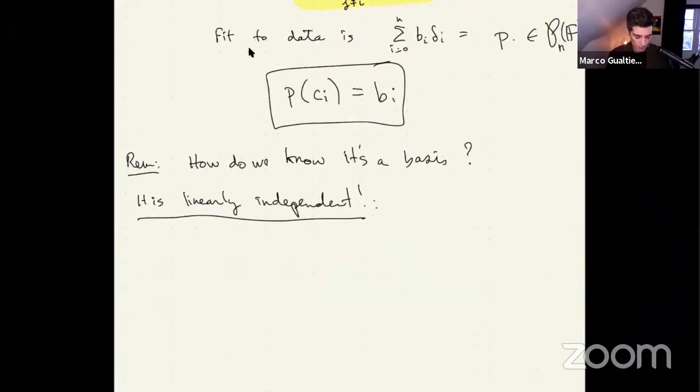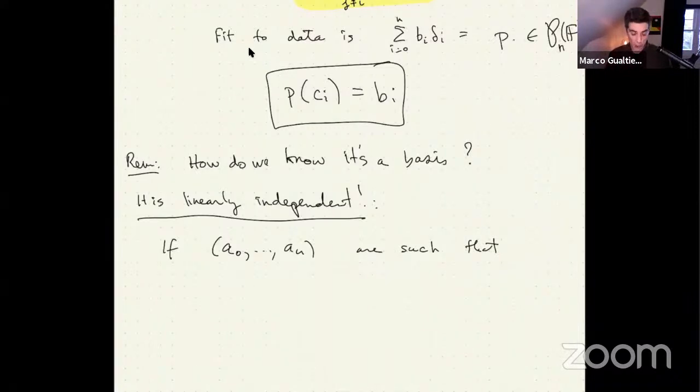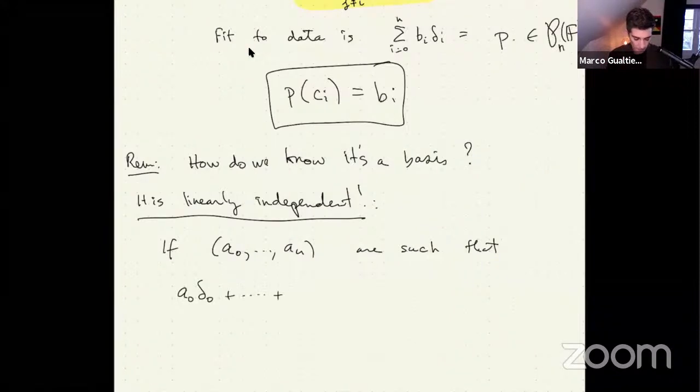So suppose we have a bunch of coefficients, a0 up to an, such that we have a linear combination of the basis elements which equals 0.